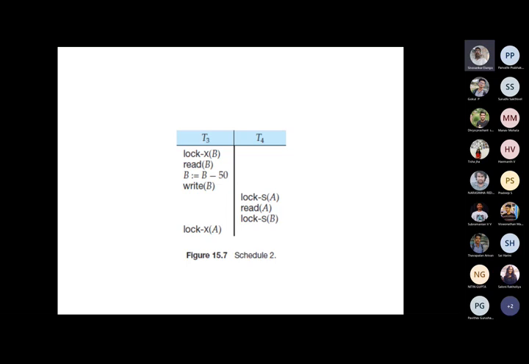So again, transaction T3 will not also be able to proceed. So both the transactions will be waiting for the other transaction to complete, and this is known as deadlock, right?